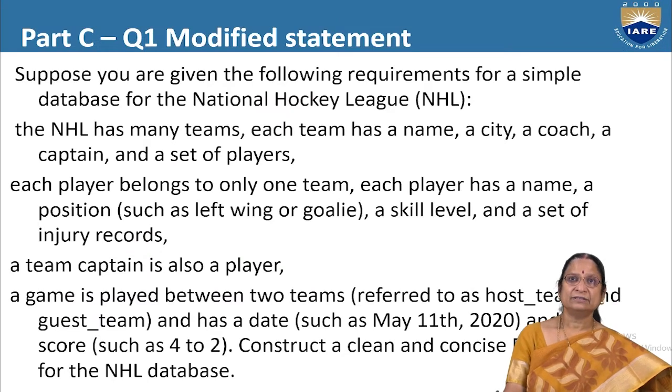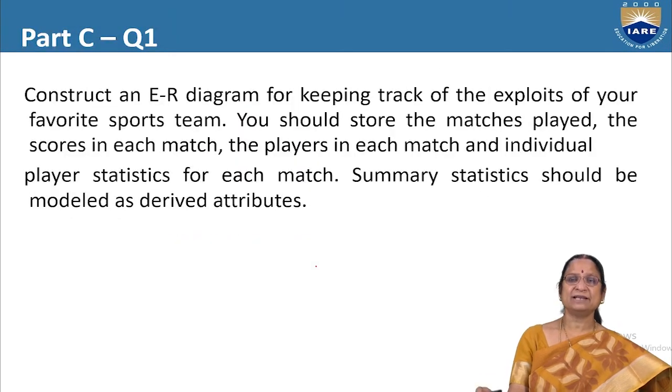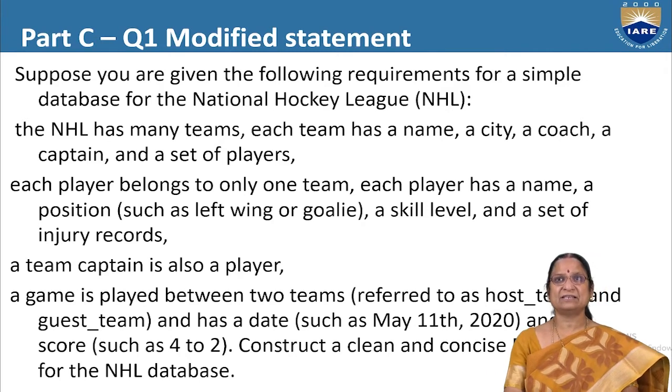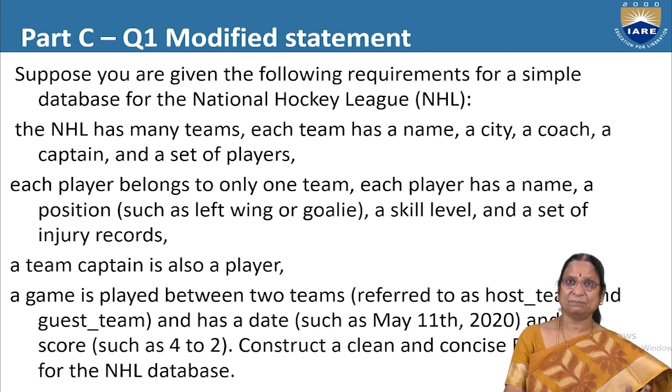This is a more generalized small ER diagram for the given problem. For example, if you are taking some particular player, we can modify our definition also. If the requirements are given properly, we should draw a better diagram also.